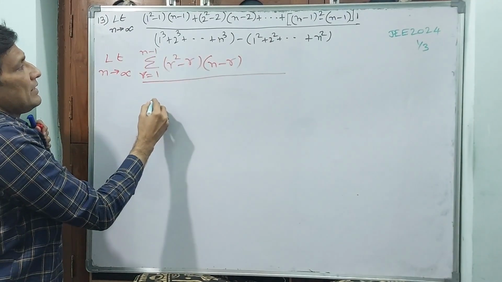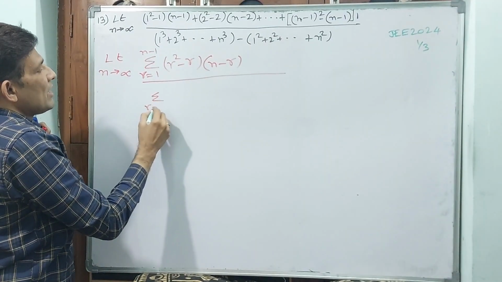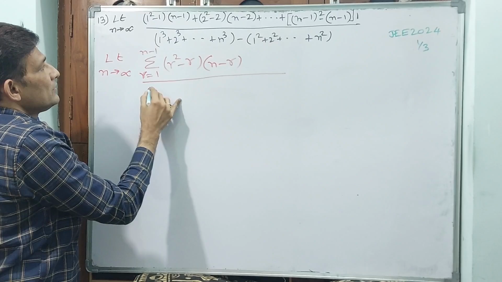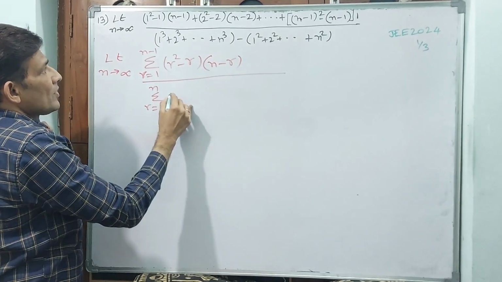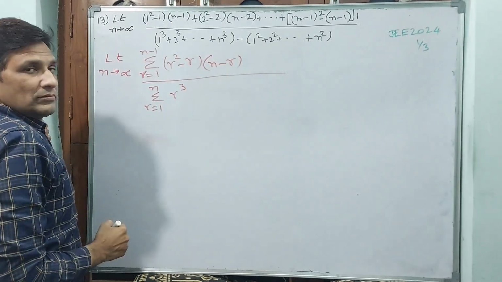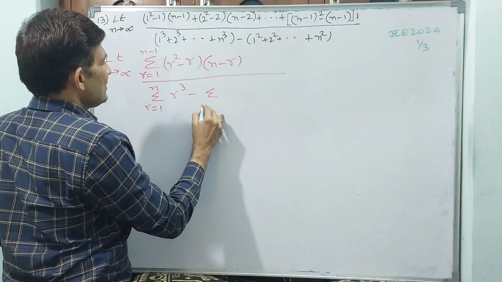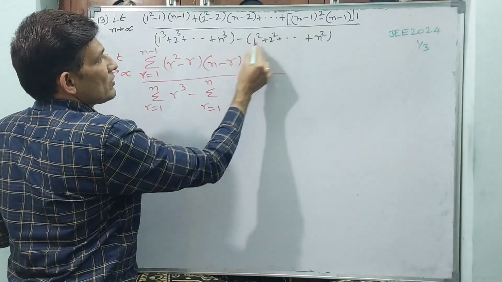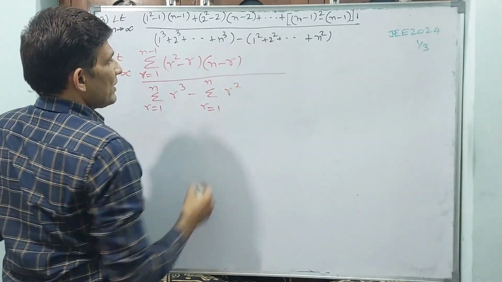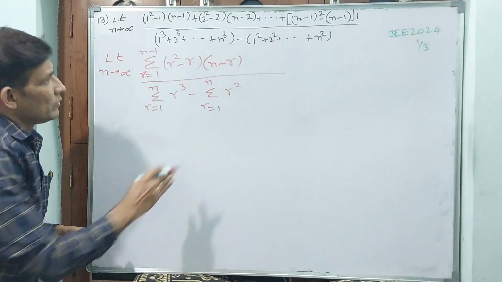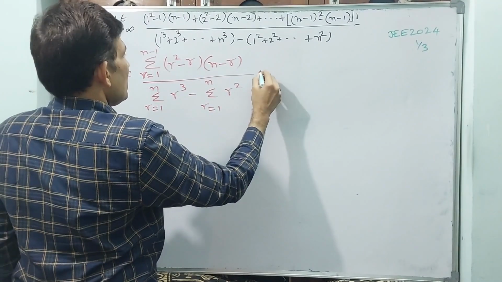This we know very well. Sigma r is equal to 1 to n, r cube, minus sigma, this is also r is equal to 1 to n only, r square. Okay, now still modify.